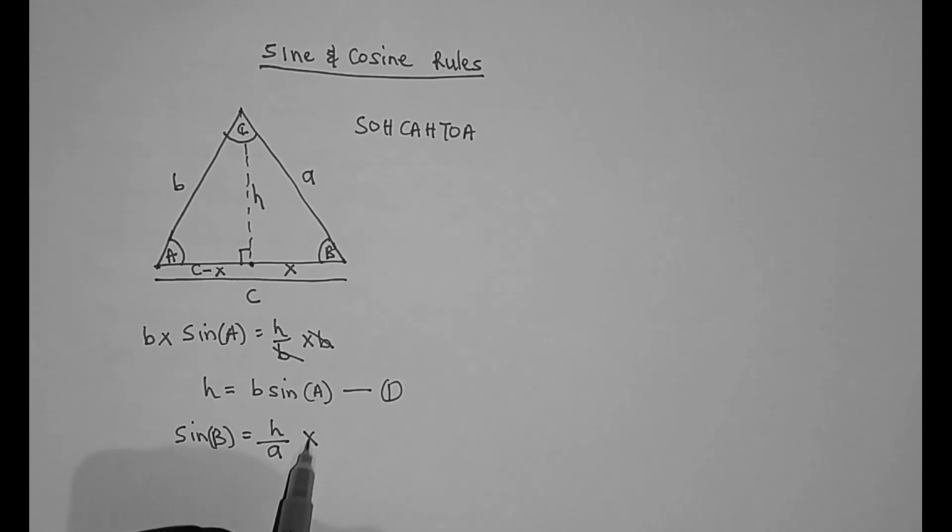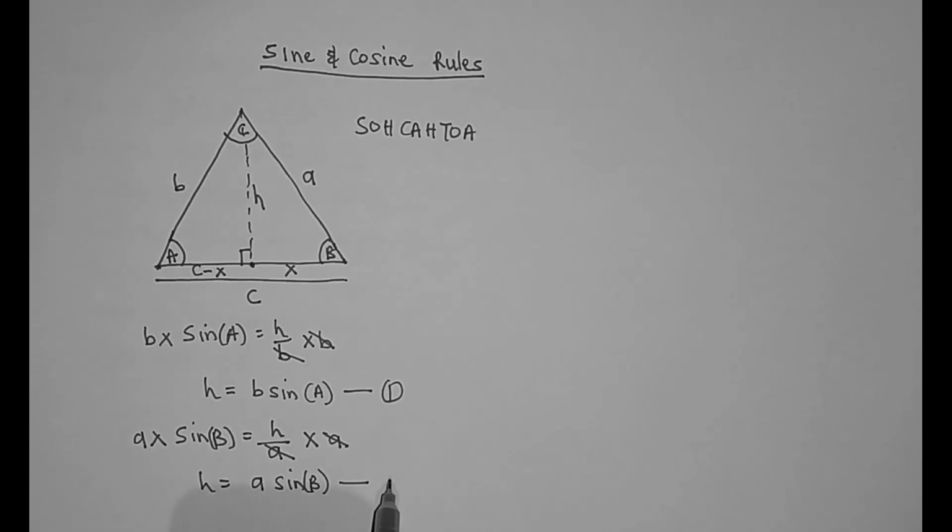If we multiply both sides by a, this a and a will cancel out. So at the end of the day, h is equal to a sine B. Let's label this as our equation 2.